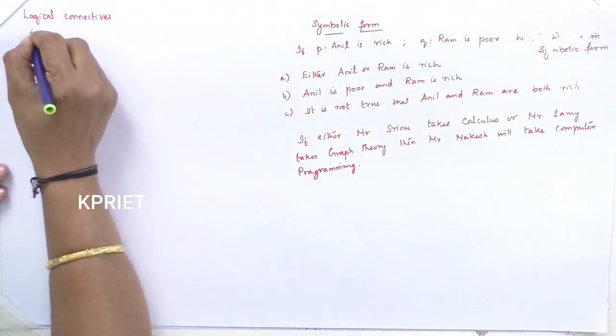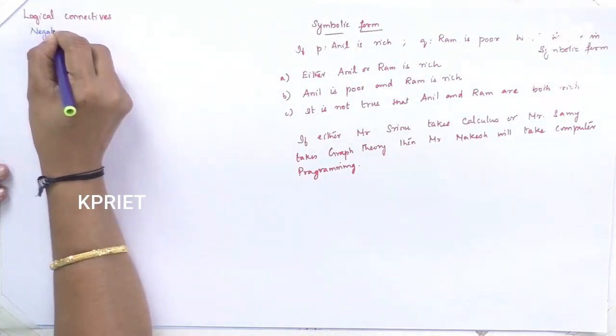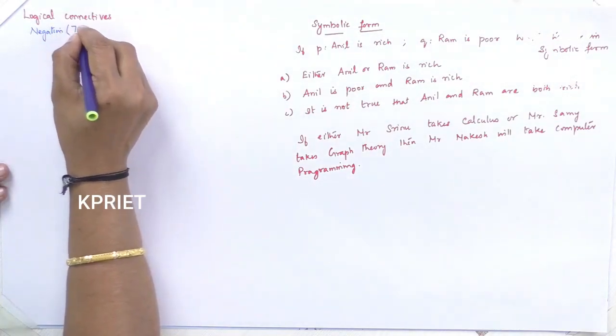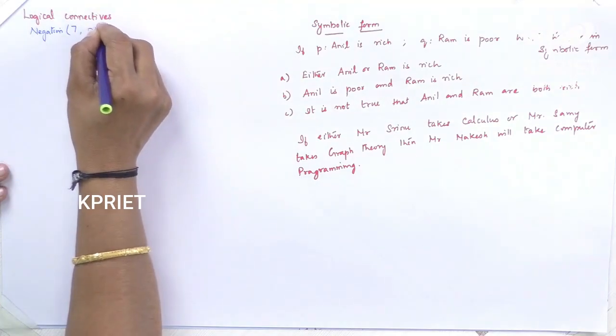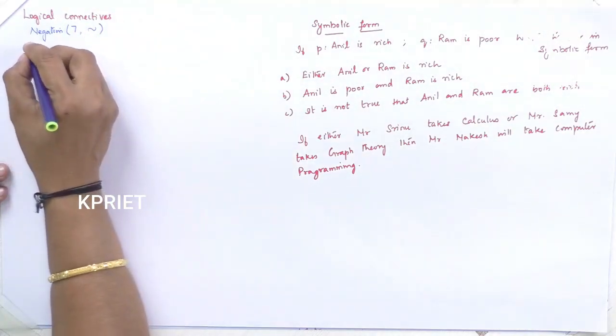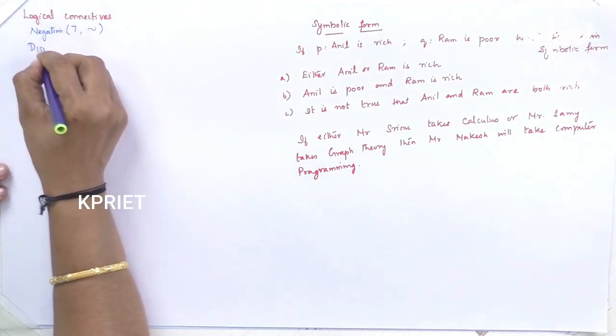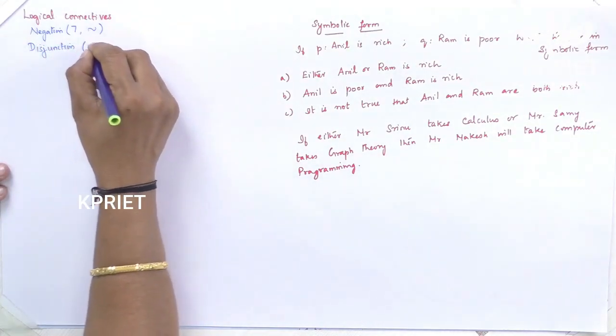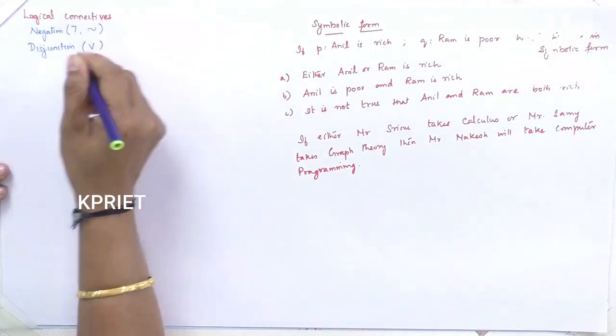The first one is negation, which we will denote as not, or otherwise we have this tilde symbol. Next is disjunction, that will be denoted as or.